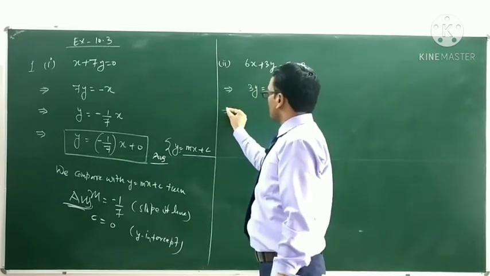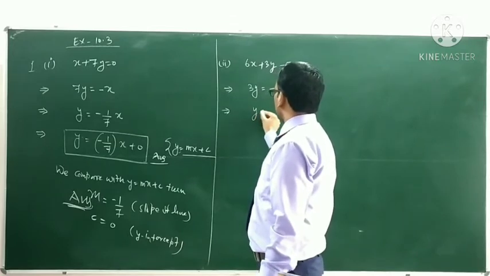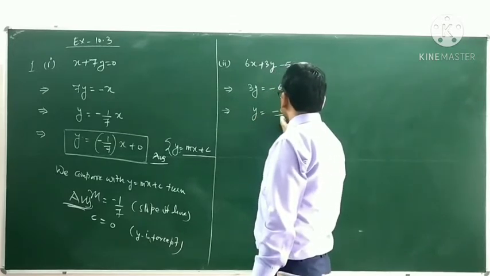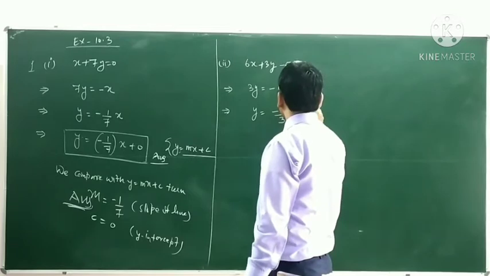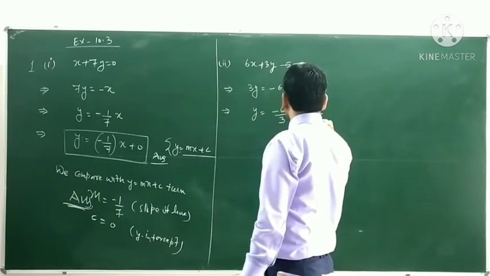Okay students, this implies that y equal to minus 6 upon 3 x plus 5 upon 3.